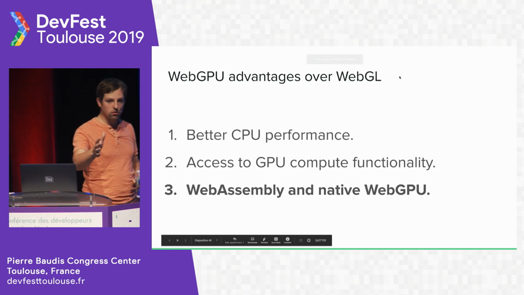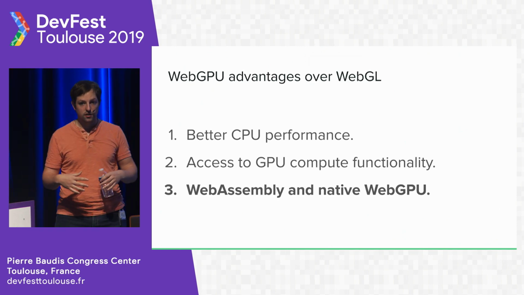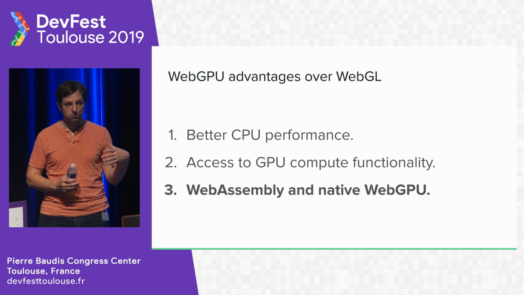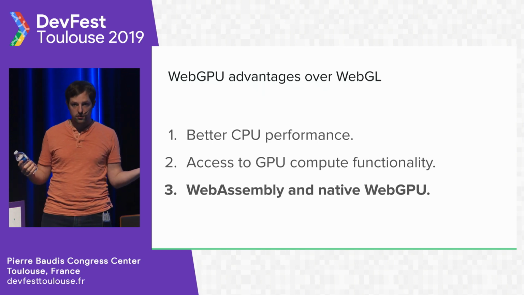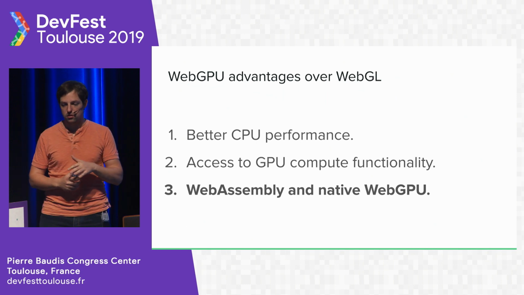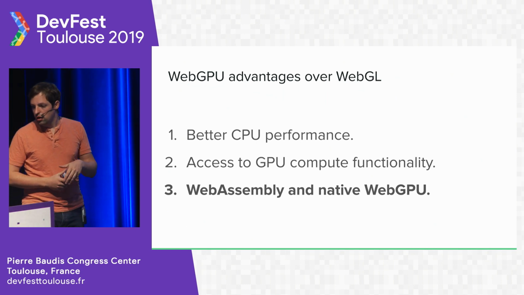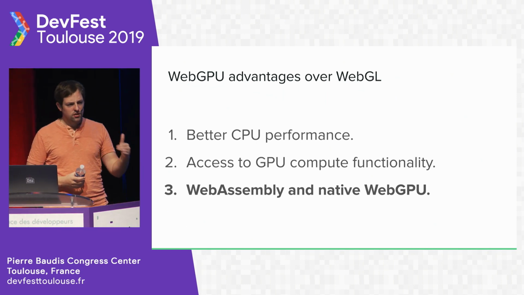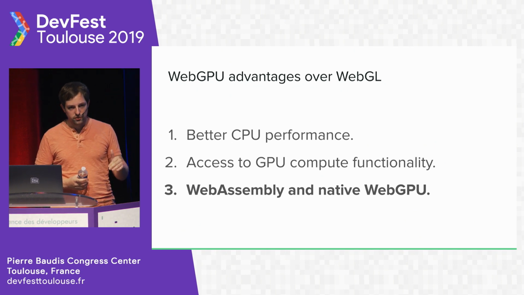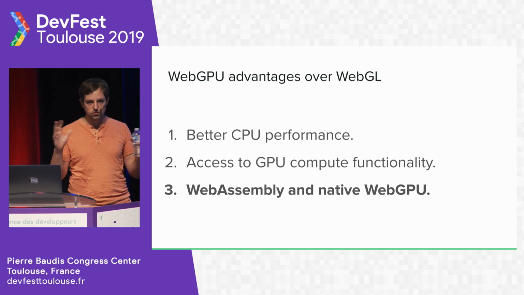So that was how WebGPU gives you access to GPU compute, which can unlock more things, like scientific computing and machine learning on the web. The final thing I wanted to talk about, and it's not really an advantage of WebGPU per se, because WebGL can still be used with WebAssembly.